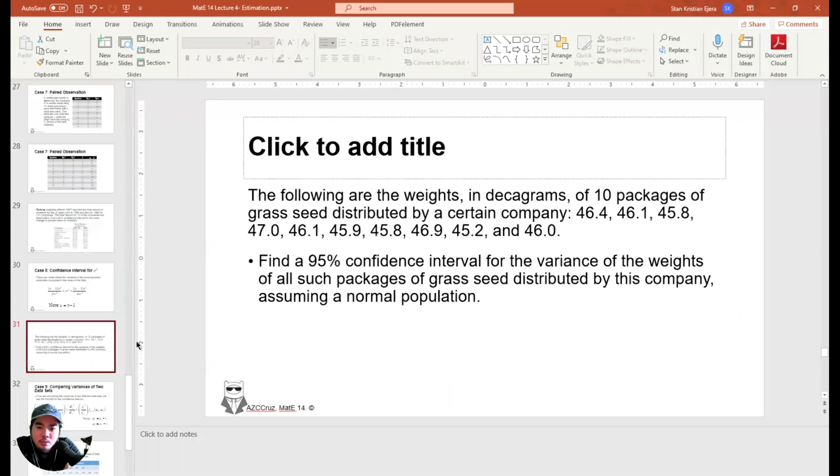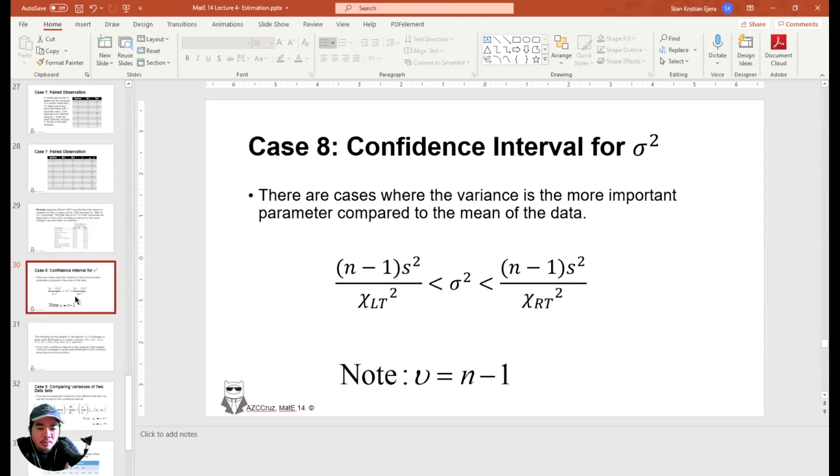So, let's do this example. Meron daw tayong following weights in decagrams of 10 packages of grass seed distributed by a certain company. Tapos, let's find a 95% confidence interval for the true variance of the weights of such packages, assuming that this is a normal population. So, maybe you're confused, class, no? Kasi sabing normal, bakit hindi tayo gumagamit ng normal distribution?